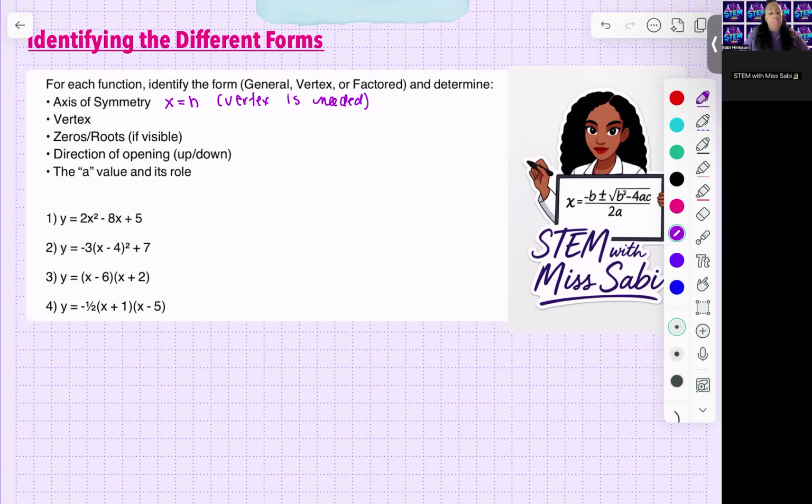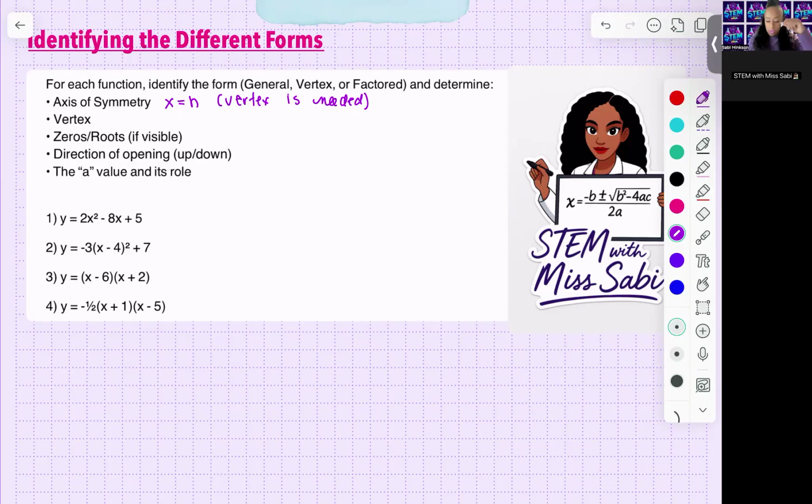You're supposed to be able to figure out the vertex in any of these forms, so whatever you need to do to figure that out, you gotta do it. Then zeros, if visible or if possible, because not all of your parabolas are going to have zeros, and the direction and the a value and its role.